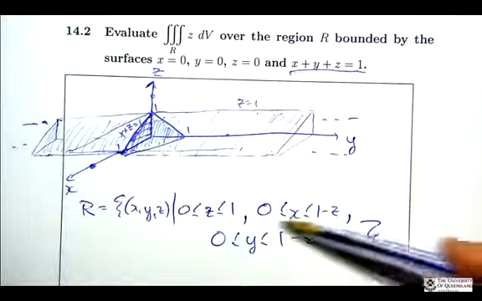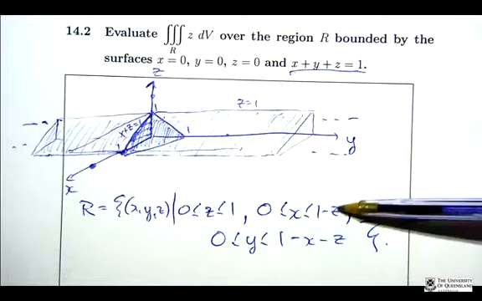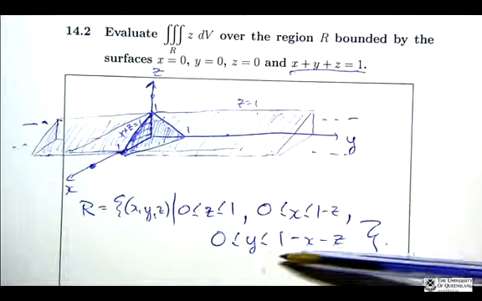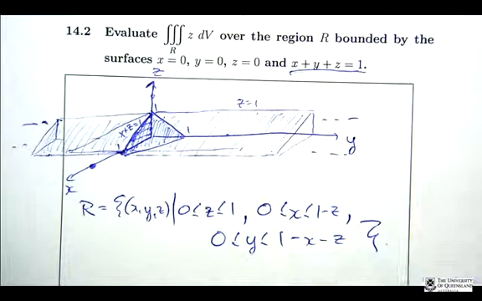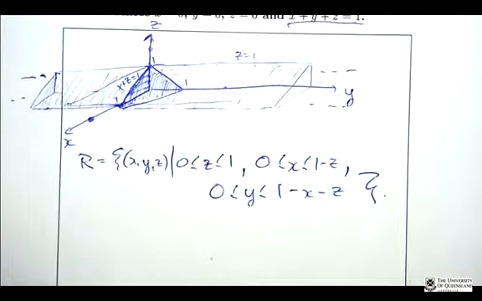Specifying that second bit of information is saying that the region not only lies between those two planes, but somewhere along this infinitely long tube parallel to the y-axis. And then specifying this third bit of information, which are the bounds for y, is telling me the two places where I chop that tube, allowing me to completely describe the region. So that's the hard part done.